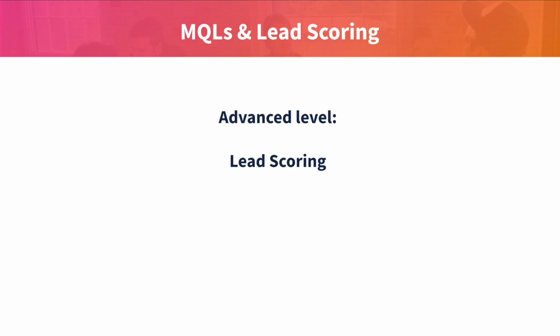Now, there's an advanced level of this. Depending on how deep you want to go down this rabbit hole, you can get into what's called lead scoring. And in HubSpot, there is a property that's a lead scoring property. You go to your settings, you go to properties, and then you find lead scoring or score. And at that point, you can put in the different criteria in order for somebody to be a good fit MQL.